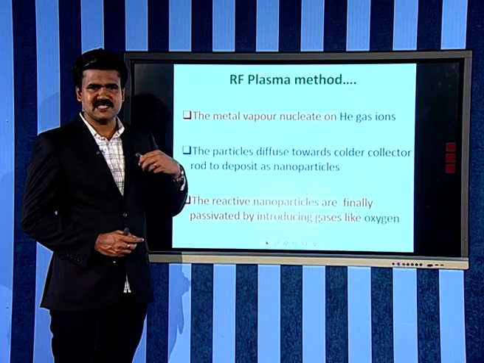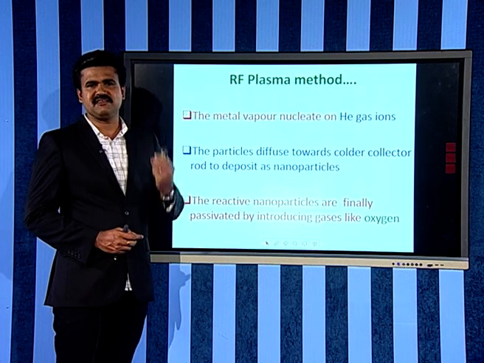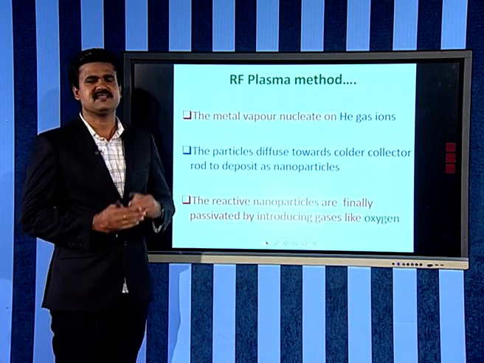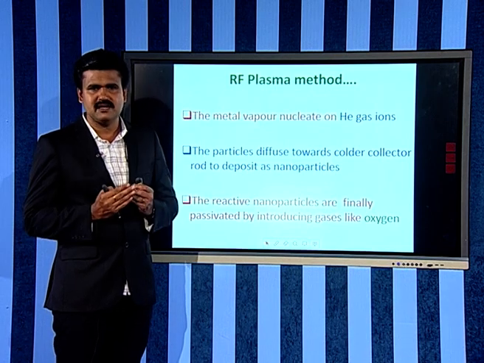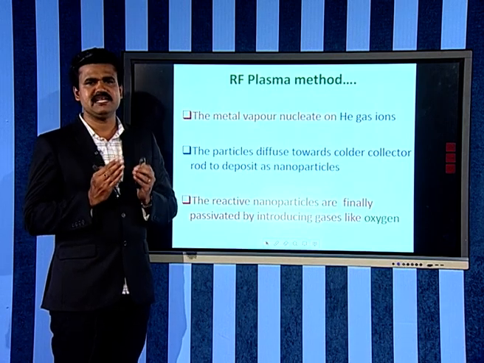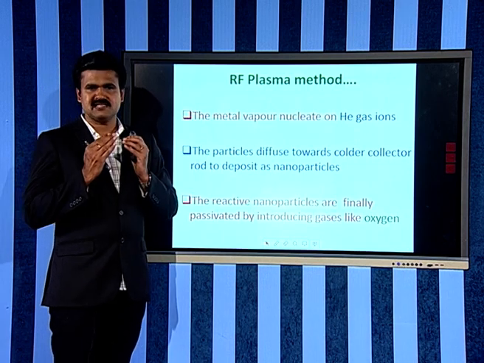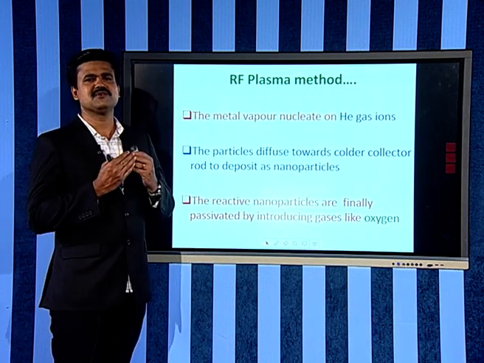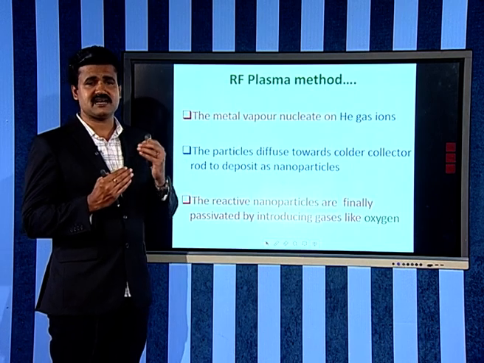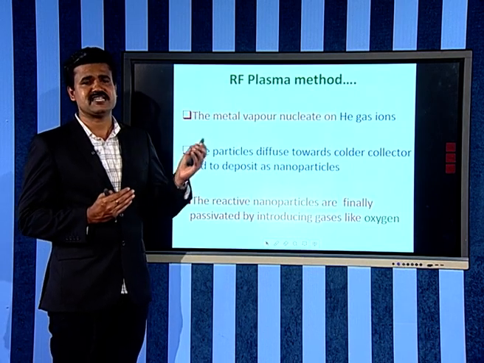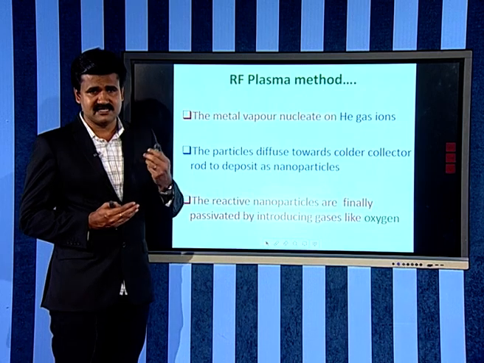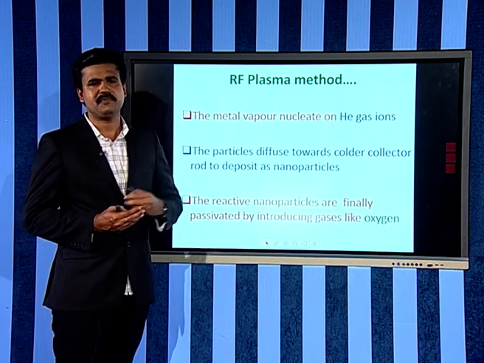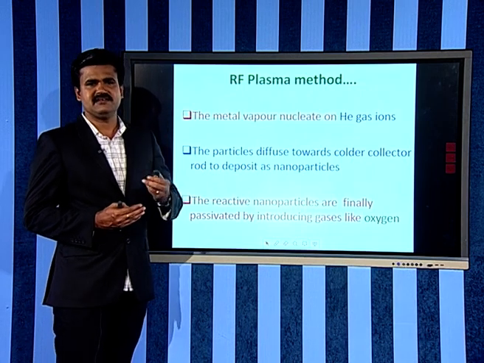During the RF plasma process, the metal vapor nucleates on helium gas ions. That is, nucleation happens on the surface of the helium gas ions. After the formation of the nanoparticles, these particles diffuse towards the colder collector rod, which is already mentioned in the picture, and deposit as final nanoparticles.